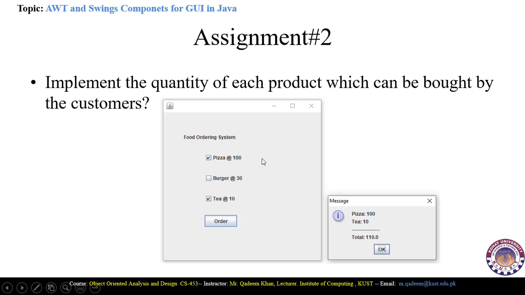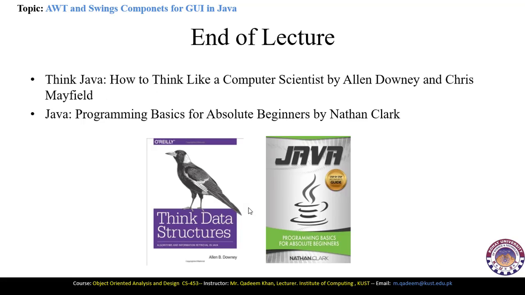So if I require 10 pizzas, the price of the overall order will be 1000, because each one is 100, so 10 will be 1000. Similarly, I will also pass the price as well as the quantity of these items here. So this is your task here.